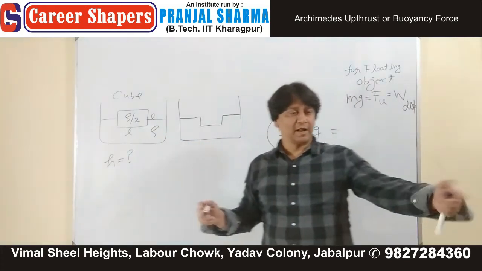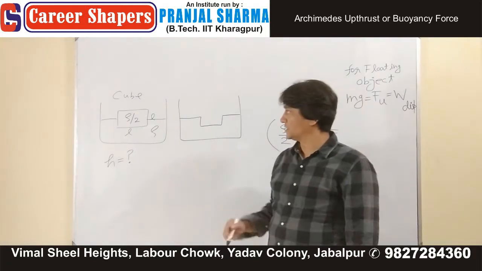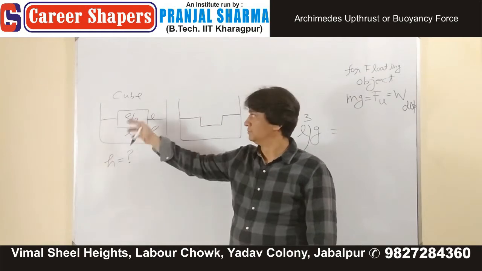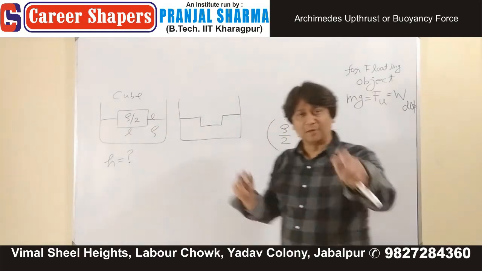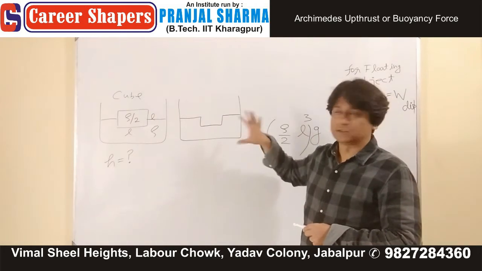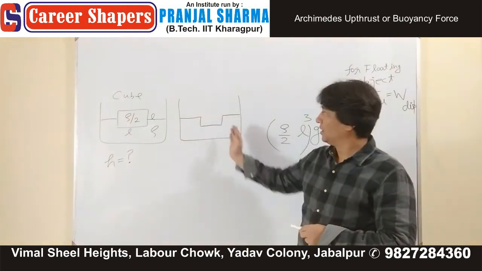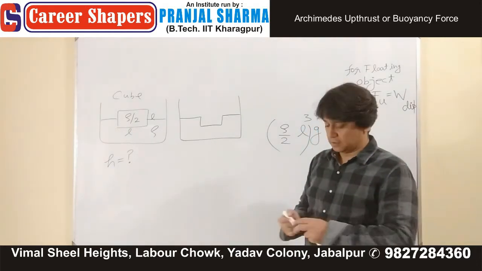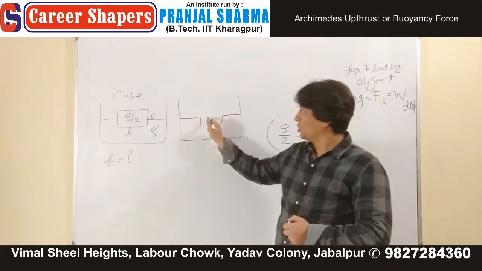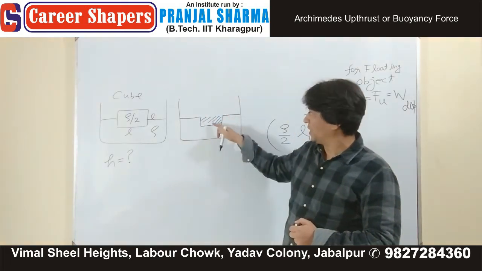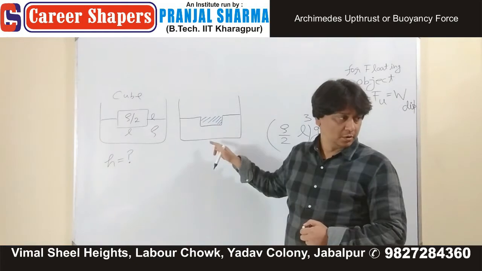Any doubt regarding submerged volume will be clear in this case. Suppose you take this cube out and somehow you ask the liquid to freeze, to remain like this only. The walls do not collapse. Then what have you done? You have basically removed this much liquid, shown in blue.